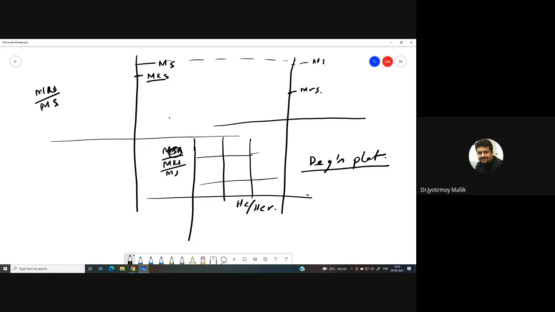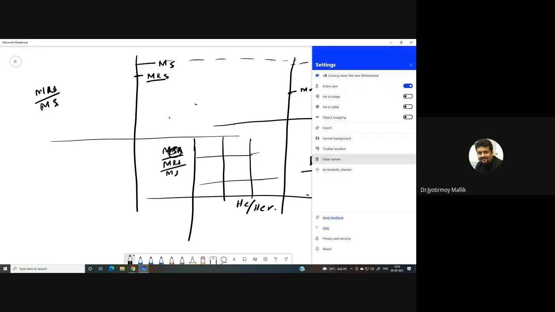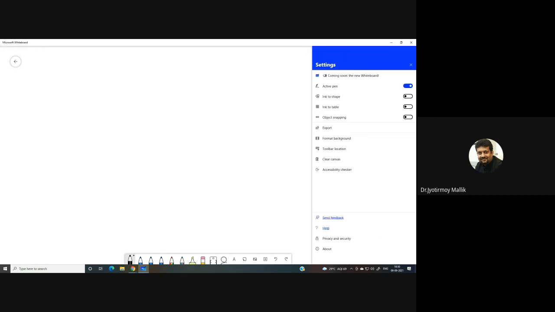Now, where is that? Let us say I take out a rock sample.